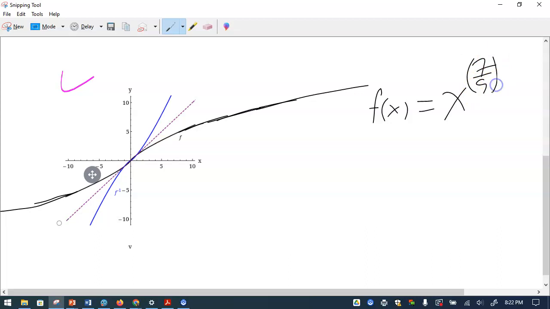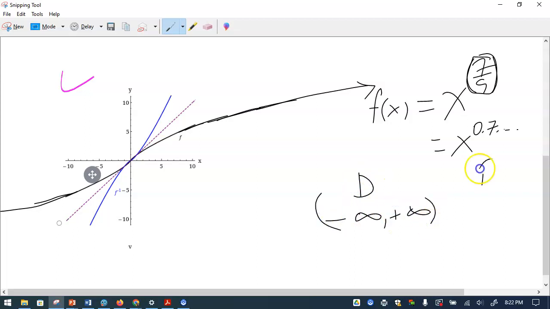And this exponent is a smaller number, like x is 0 point something, and so on. So that's how the shape of this graph will look. By just looking at it, the domain is minus infinity to plus infinity, and the range is minus infinity to plus infinity.